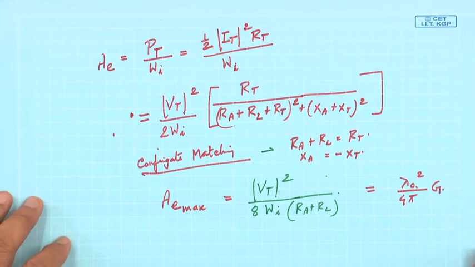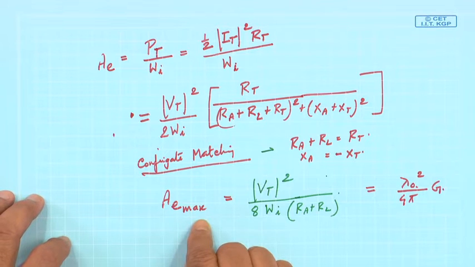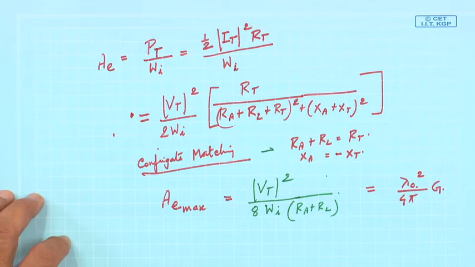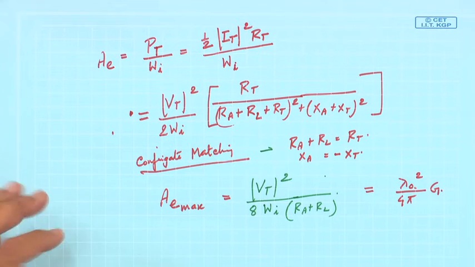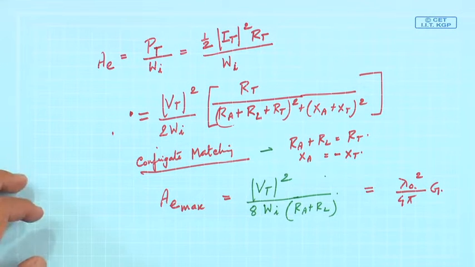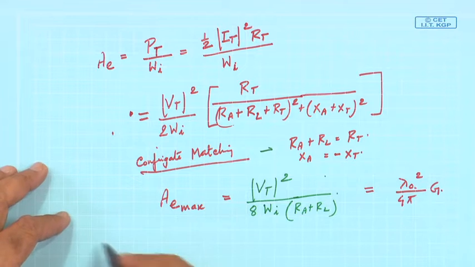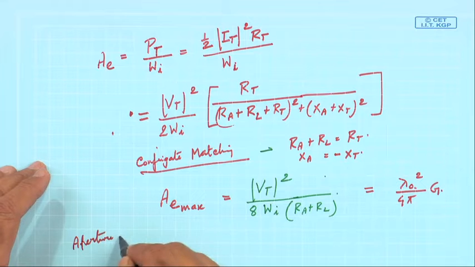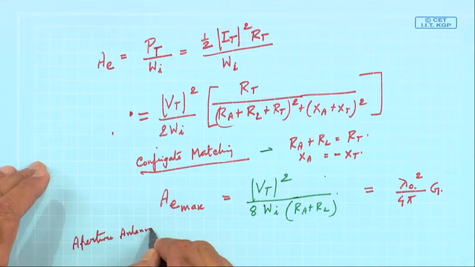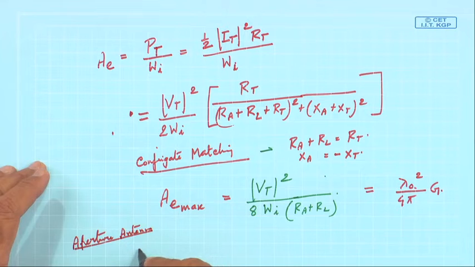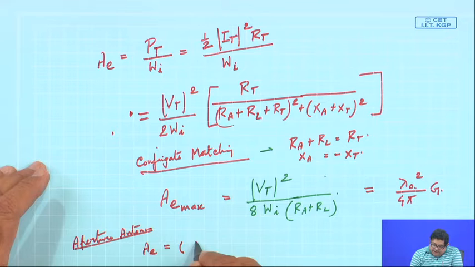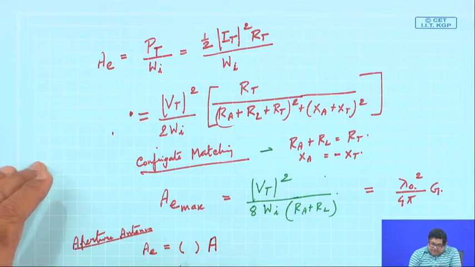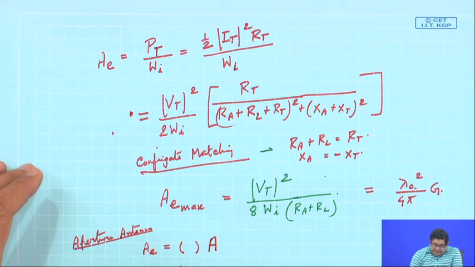I have already said that this effective area is some portion of the physical area. For an aperture antenna, the effective area AE we can say is some fraction of the physical area of the antenna, always less than the physical area.